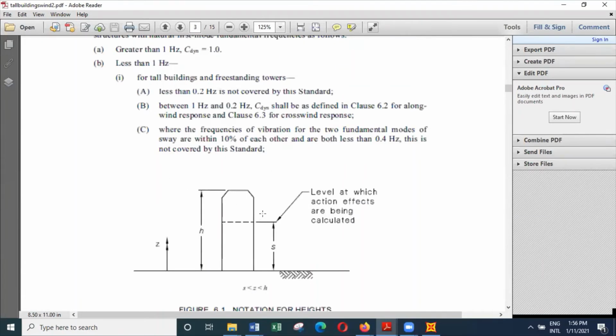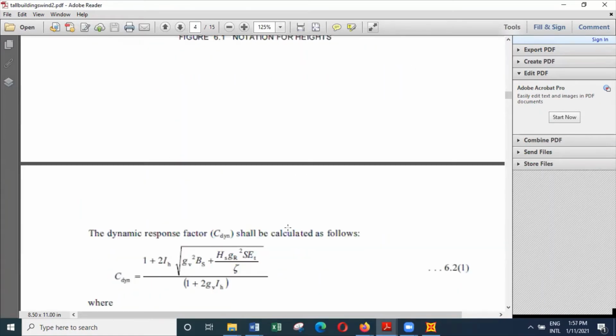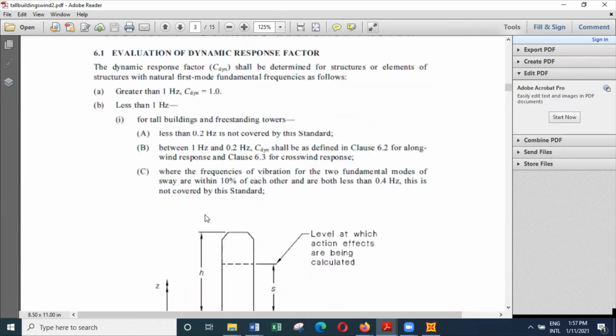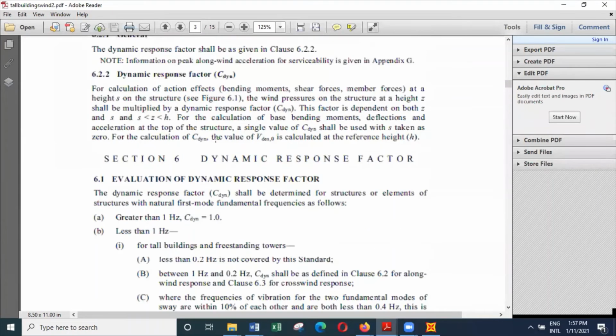When you are doing the calculations, H is the total height of the building. Z is measured in the vertical direction, and S is the level where you are calculating the effect of the actions. So that is S. When you are calculating the wind effects, generally S is taken as 0.